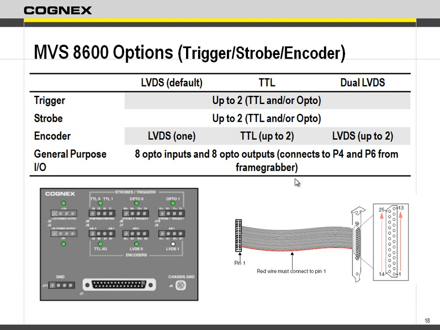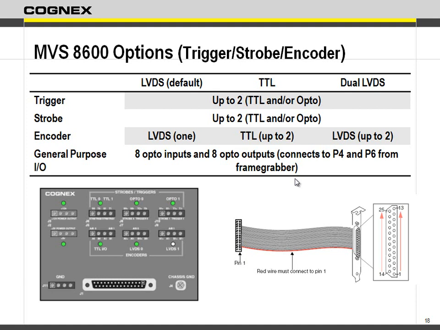Now if you're using two line scan cameras, it just means both are going to be working off the same encoder, which, if they're on the same line, is fine. That's probably perfect for you. If you need TTL, because your encoder is TTL, not LVDS, then you'll need to get the TTL version. And if you're doing two line scans off maybe two different lines, so two separate encoders, then you would have to get the dual LVDS, so you get the two separate inputs.